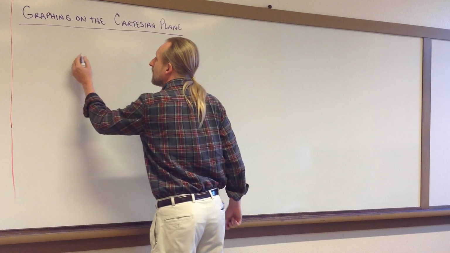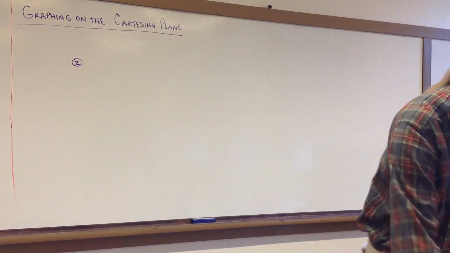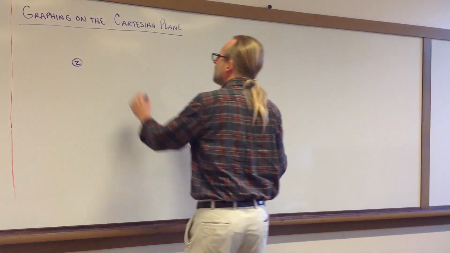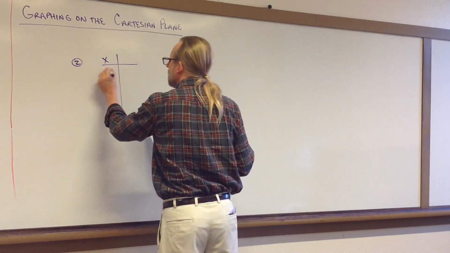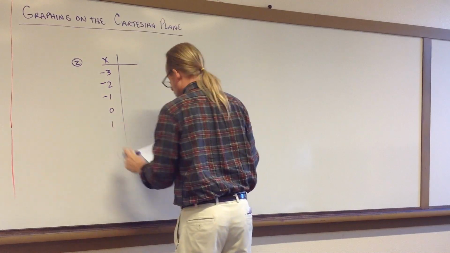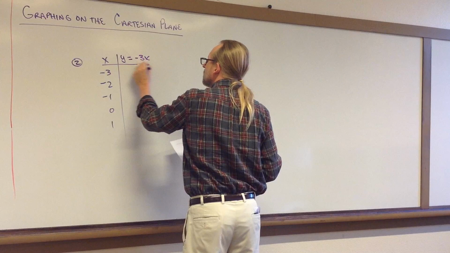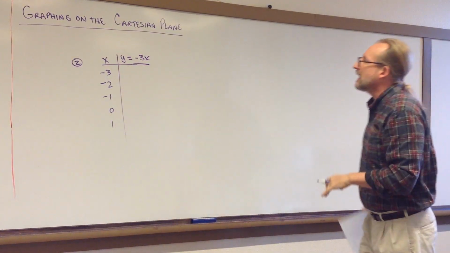Okay, so what we're going to be doing in this assignment is really nothing more than making one of these tables. So let's look at problem 2 on the assignment here. The way we've got our table laid out is we've got x values here, -3, -2, -1, 0, and 1. And the y is going to be set equal to -3x. -3 times x.